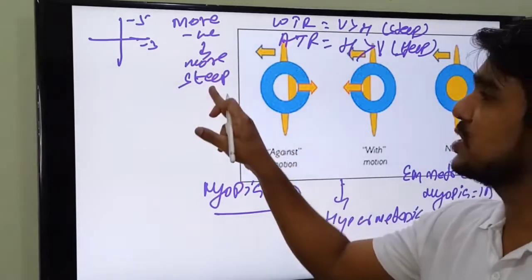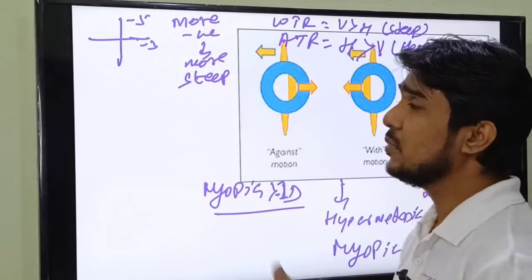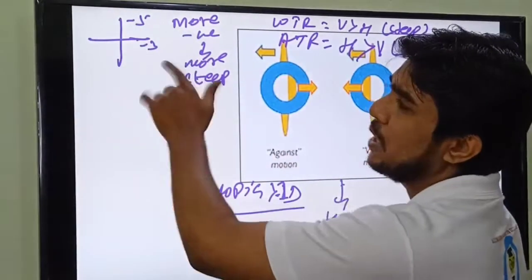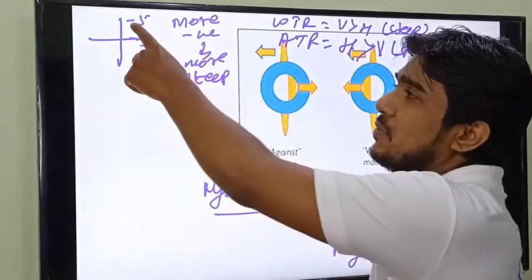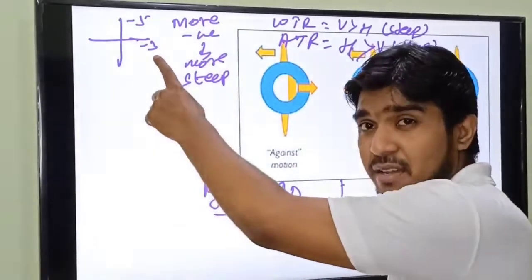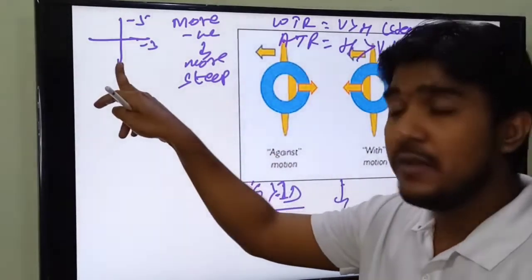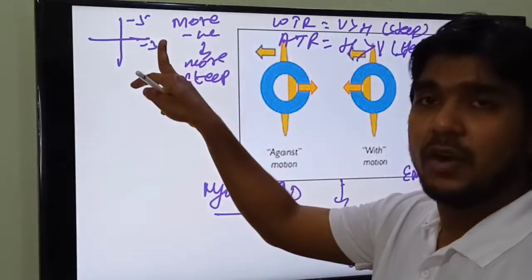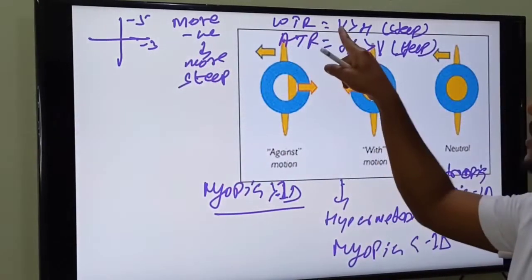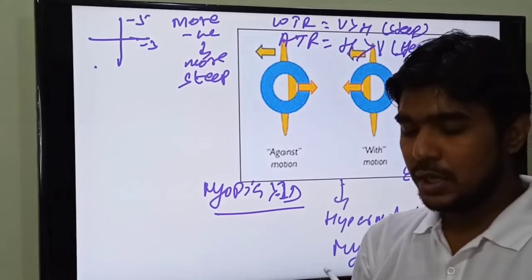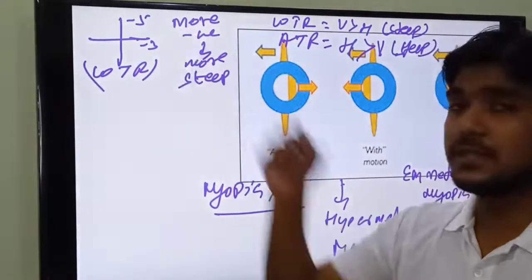In this example, which is more negative? -5 is more negative than -3. So this vertical axis is more curved than the horizontal axis, so it is with the rule. So the answer for this is with the rule.